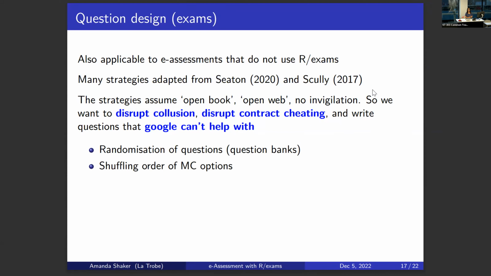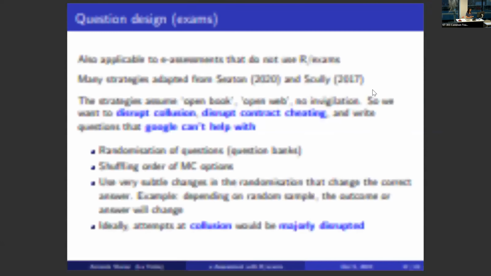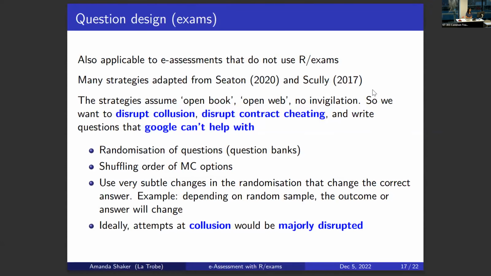So randomization of questions and big question banks can be useful. Shuffling the order of the multiple choice options. There's no rocket science there. A nice thing about the randomization is that subtle changes can change the outcome of the answer.